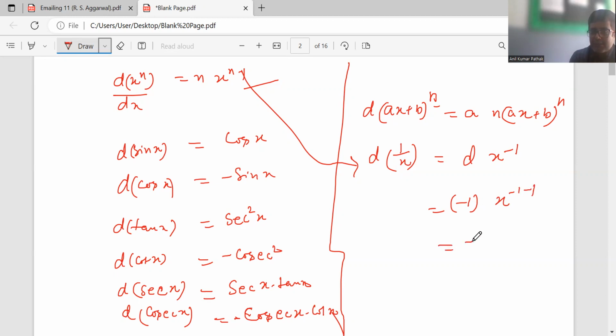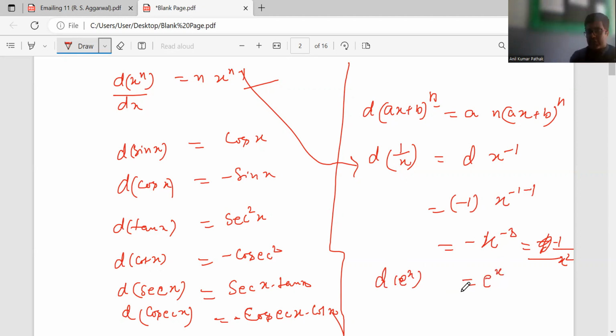So it becomes minus 1 x to the power minus 2, which can also be written as minus 1 by x square. Okay. One more formula is there, the exponential function d of e to the power x, which is equal to the same e to the power x. If any coefficient is there, that will be repeated as the coefficient of the whole function.